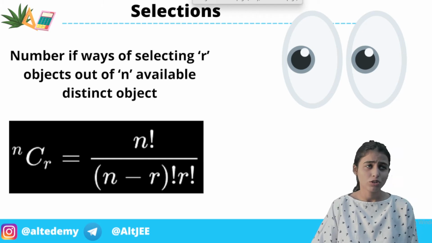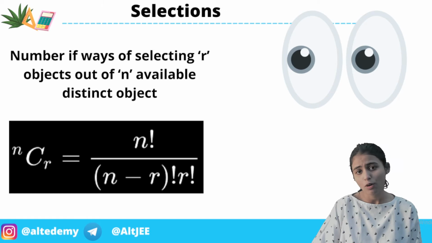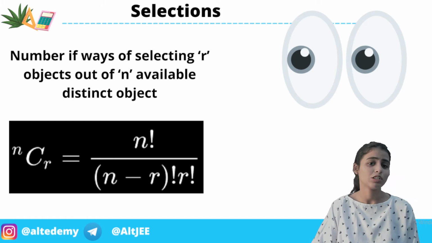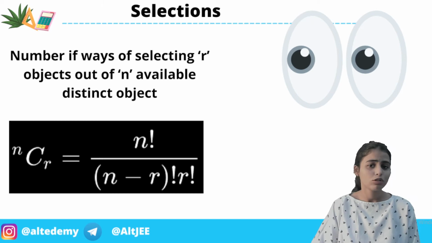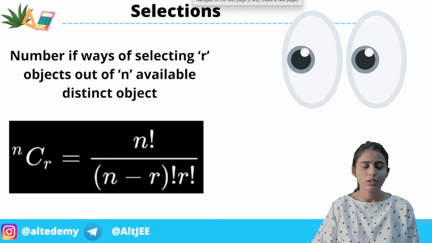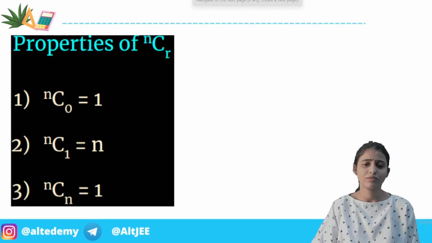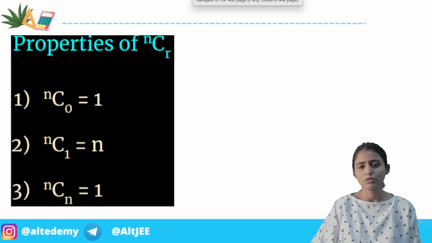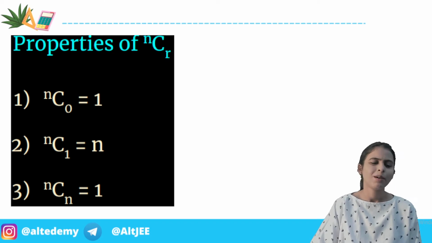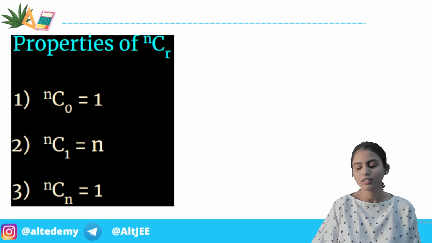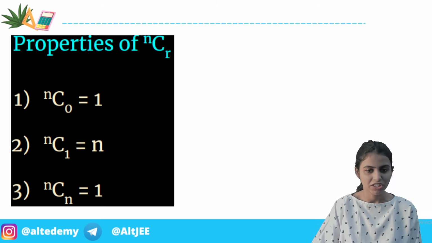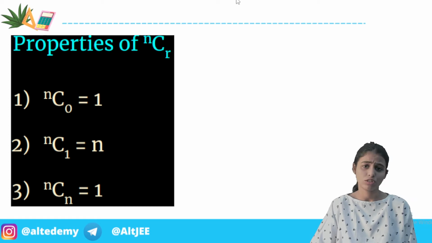If the question is only concerned about the selection of objects, selection of elements, selection of numbers, then you don't have to use permutation, you only have to use combination. The majority of questions are covered with combination only. This is a general observation from having done so many questions: combination comes up more often than permutation in computation. But it's the same thing if you understand it. There's no difference whether combination or permutation is coming in the question, right?